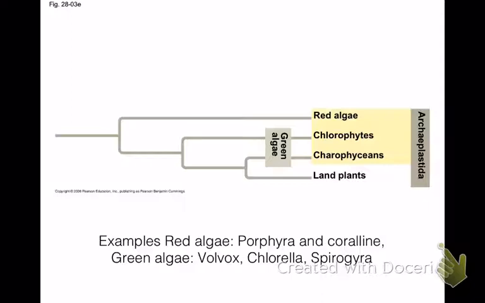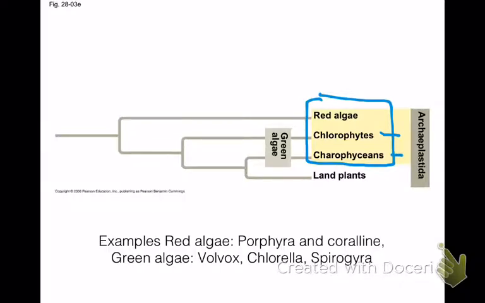Okay, the next major supergroup are the Archaeplastida. So not all Archaeplastida are classified as protists. Only the red algae and the green algae, and there are two types of green algae, the chlorophytes and the charophytes, are classified as protists.